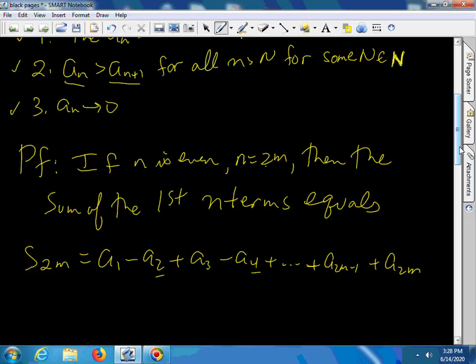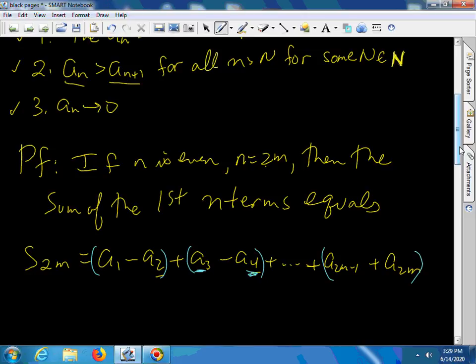Now, if we were to bracket it like this, notice that the left bracket is at an odd subscript and the right bracket is at an even subscript. That is, those last two get bracketed, especially since there's m of them.